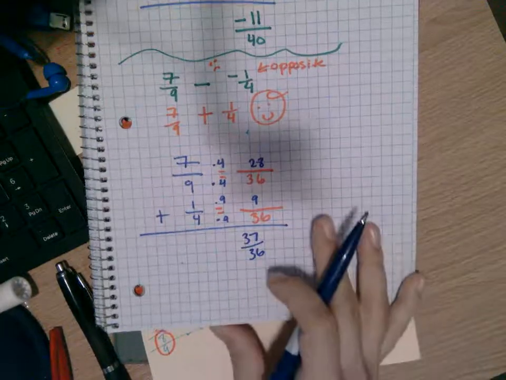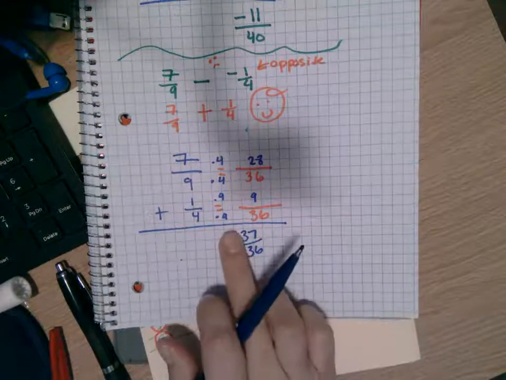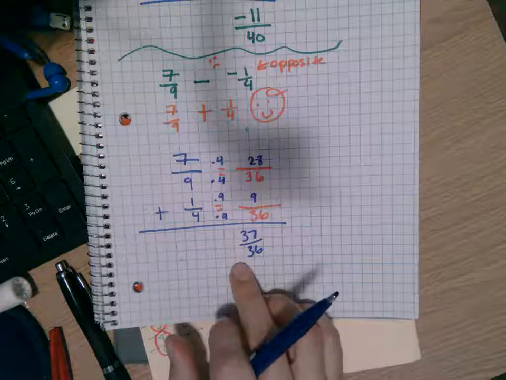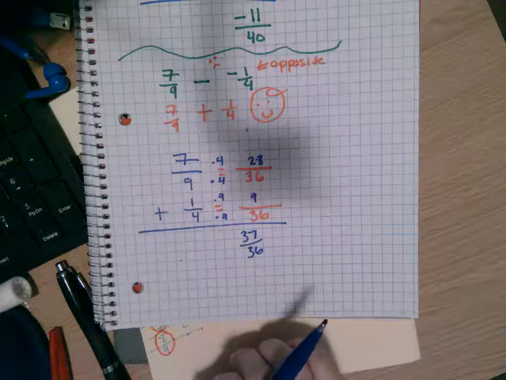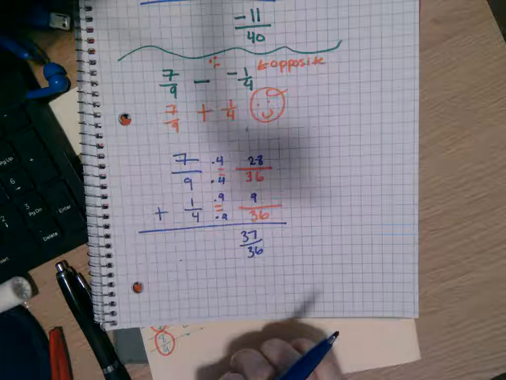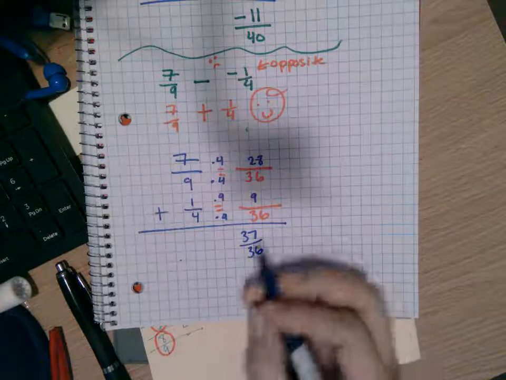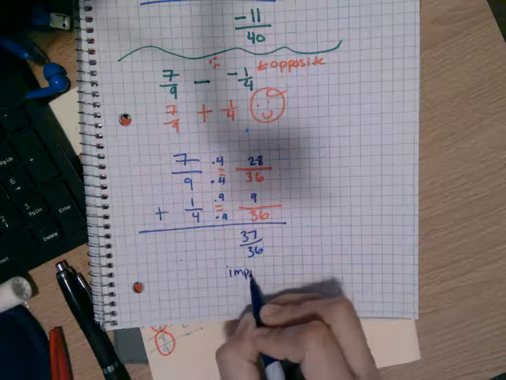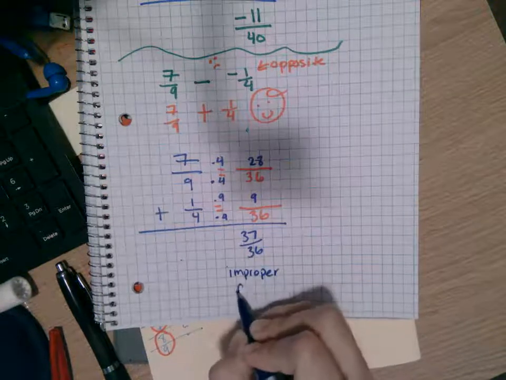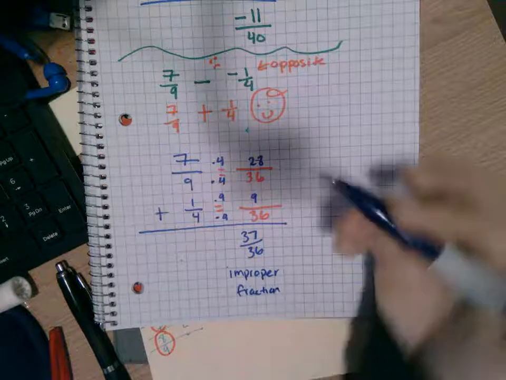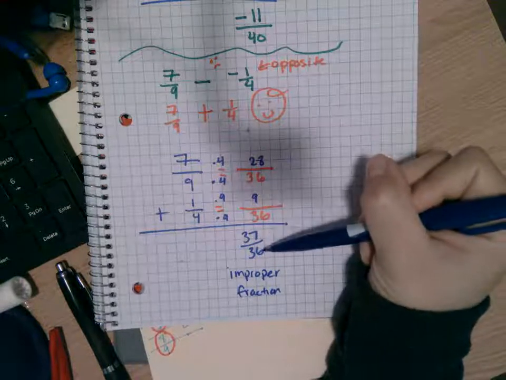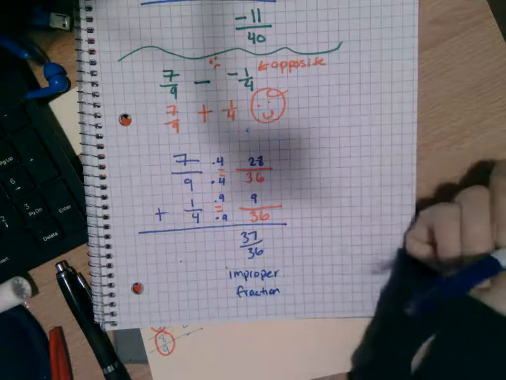Now, does anybody know what you call a fraction when the top number is bigger than your bottom number? An improper fraction. So when the numerator is bigger than the denominator, it's called an improper fraction.